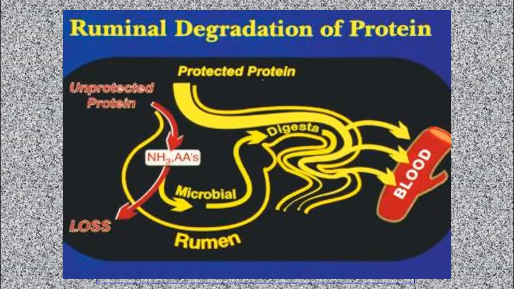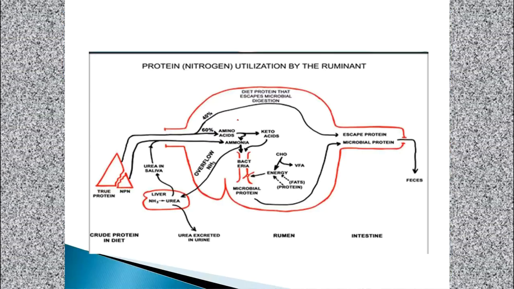Then this is once again the rumen degradable protein, where they are substrates of the ruminant microflora. Then ammonia is produced, and it goes on to form amino acids.